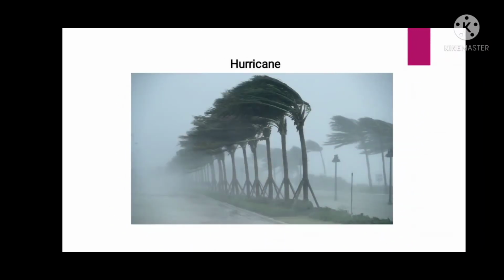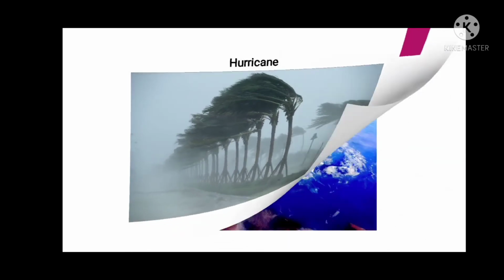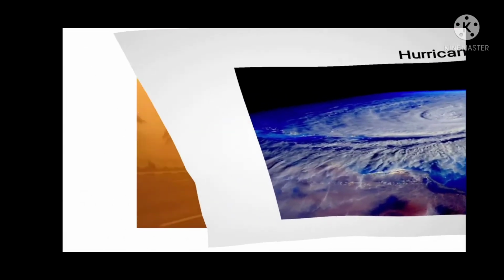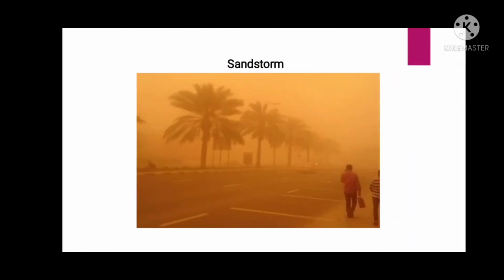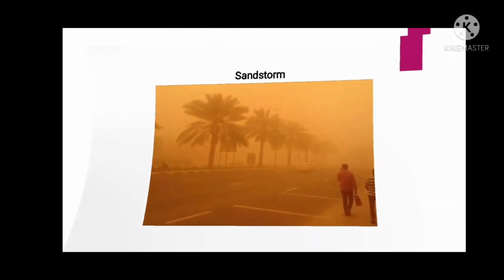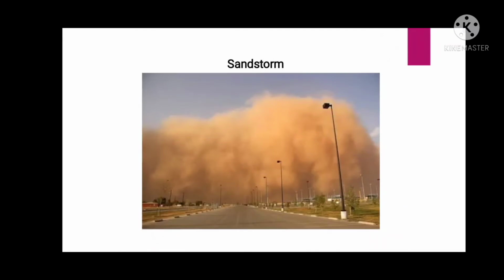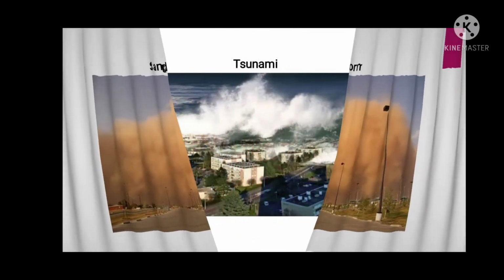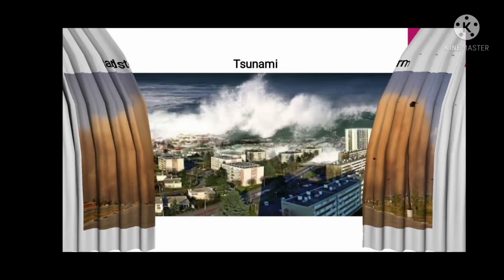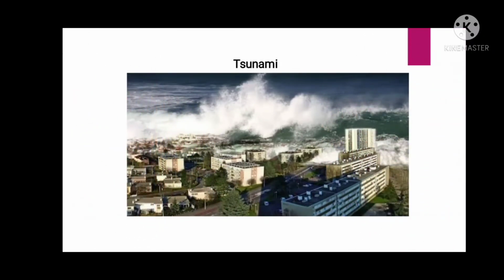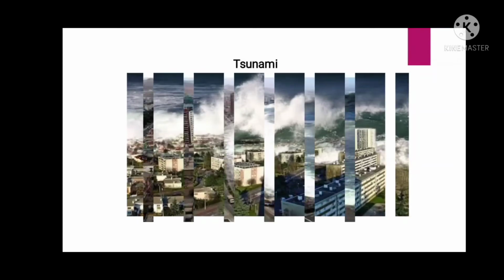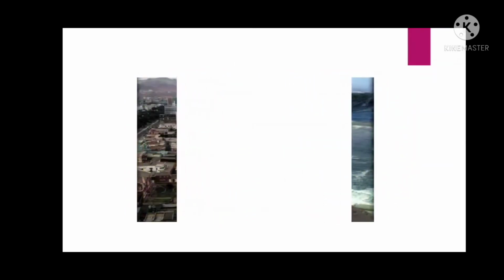Moving to hurricane, which is a violent windstorm. Sandstorm, it is a violent wind carrying sand. You can see here. Next, moving to tsunami, which is a huge tide caused by shock of waves following an earthquake. All right.